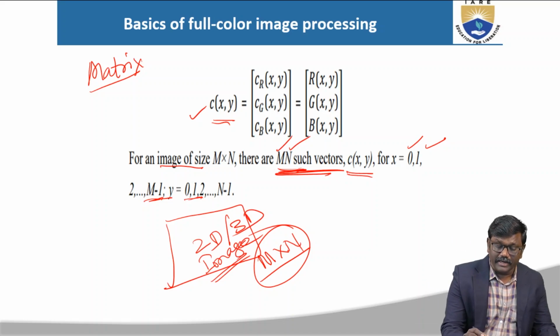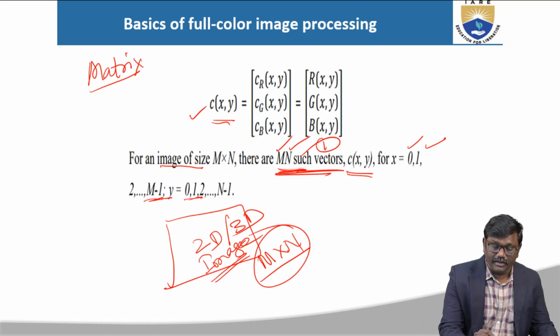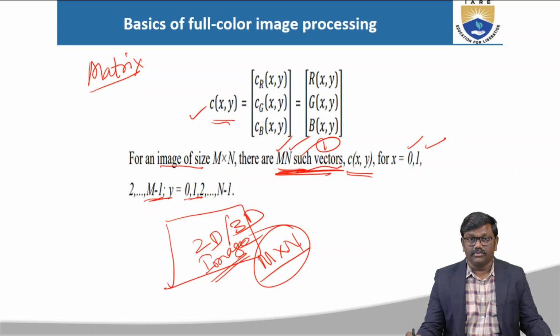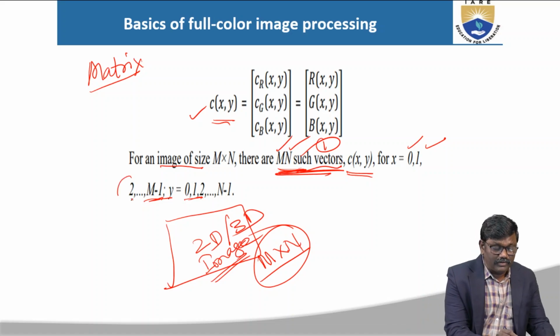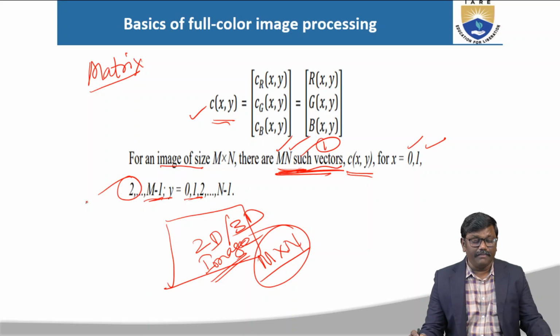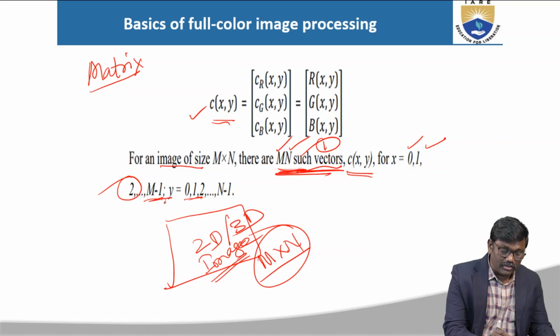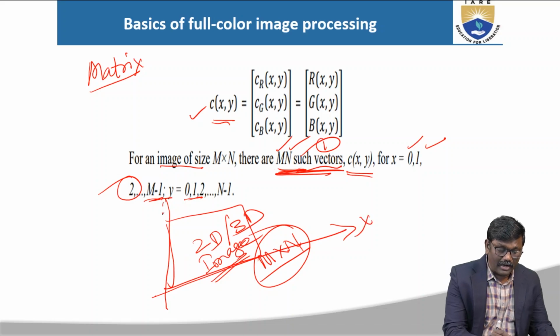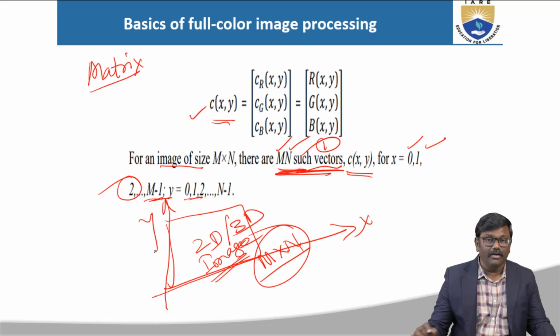So these two categories are important. One is MN such vectors in terms of C of x comma y for x equal to 0, 1, and the second is M minus 1, where we keep the y value variation. Your image is x and your image is also kept in y.